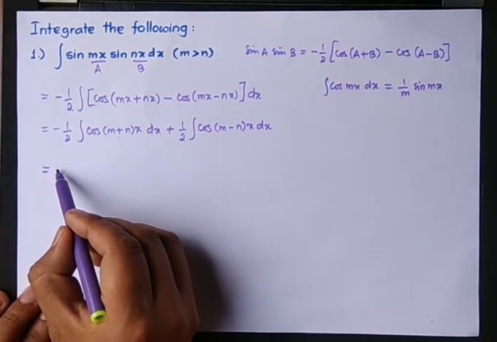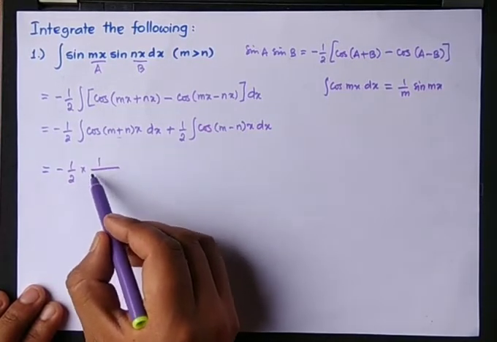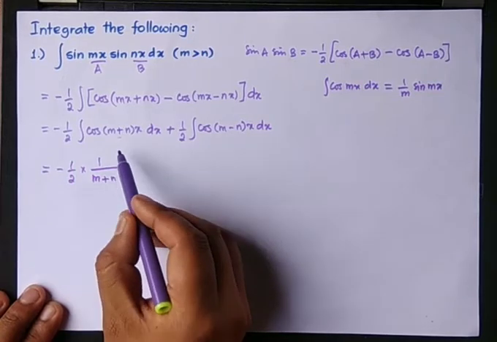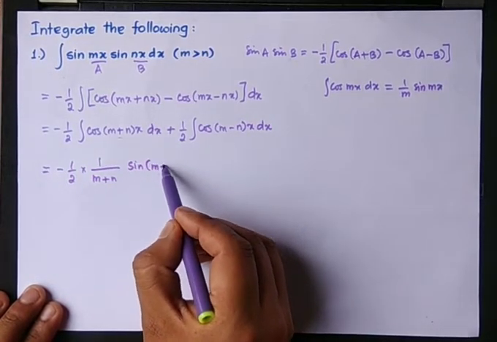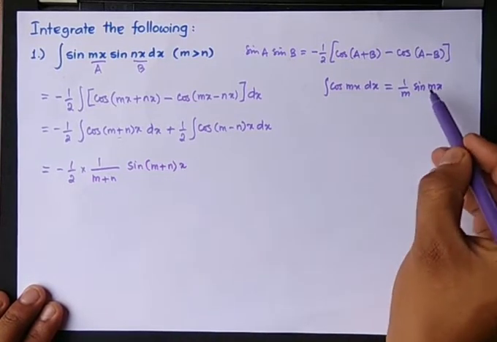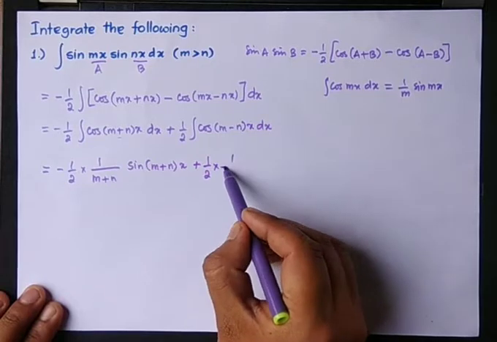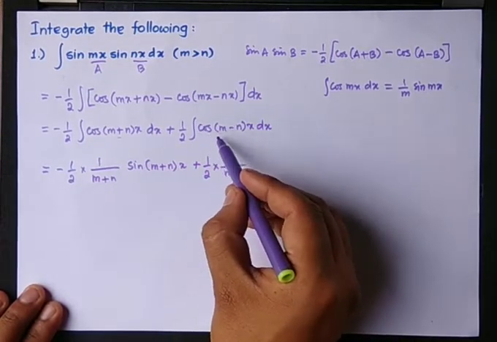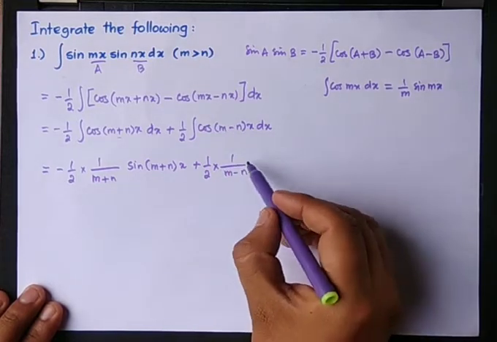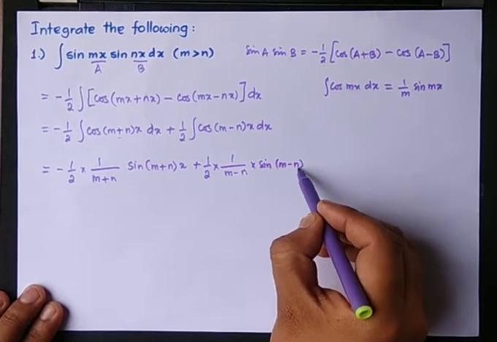So we have minus half into 1 by m, where m is m plus n, and the integral of cos is sine mx, right? So similarly plus half into 1 by m minus n. So integral of cos is going to be sine, so it's going to be sine m minus n x.